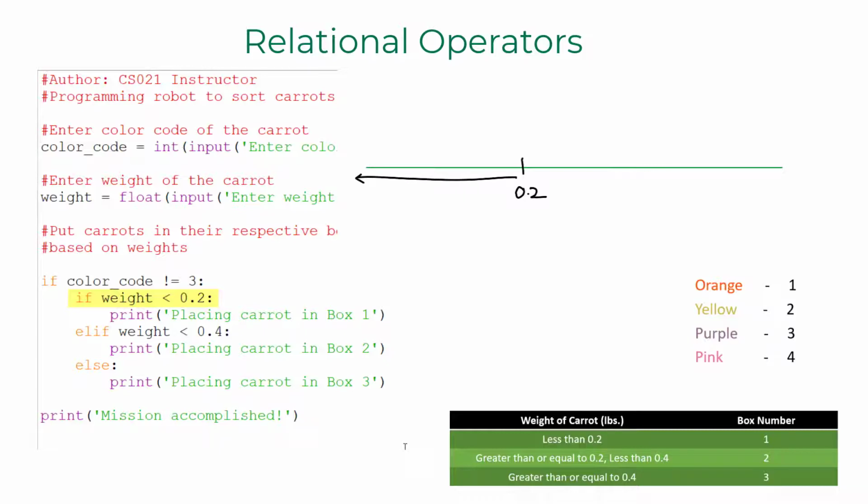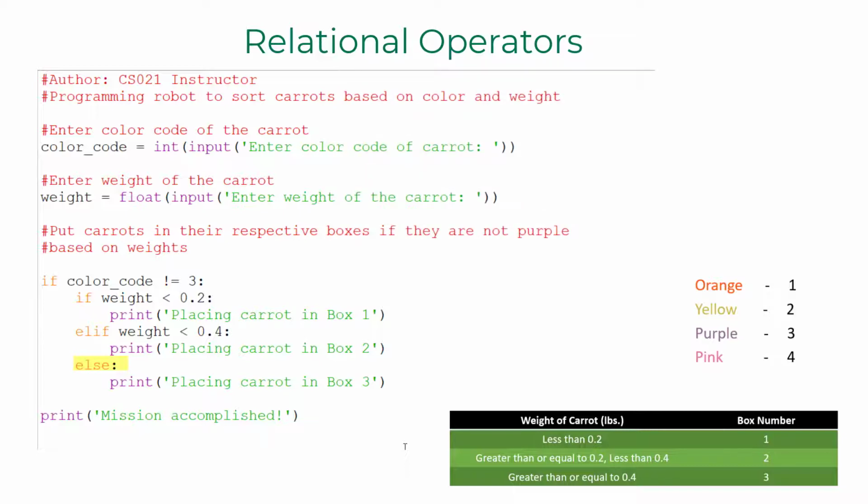Okay, so once we say elif weight less than 0.4, we'll be dealing with only this interval, the interval between 0.2 and 0.4. And after that, if I write else, it means that I'm considering all the left out values on this number line. So that is the beauty of writing if, elif, and else statements when dealing with numeric values like these.